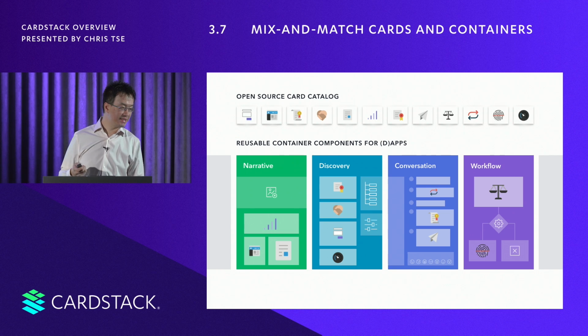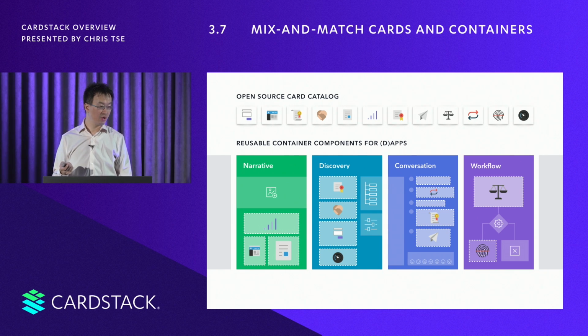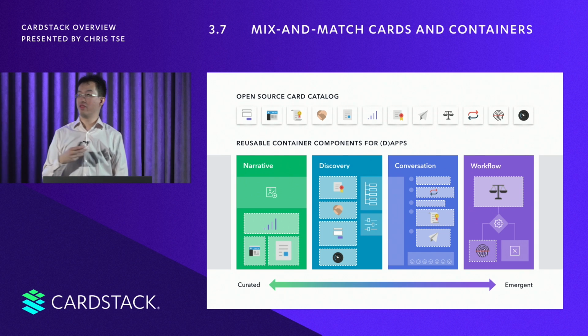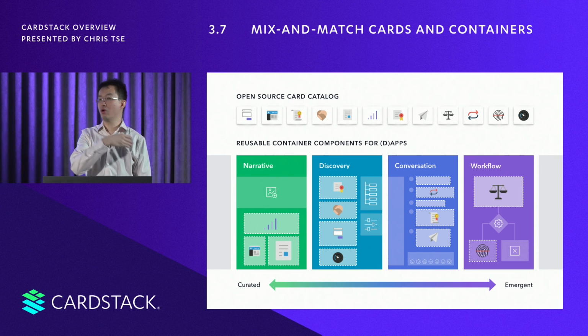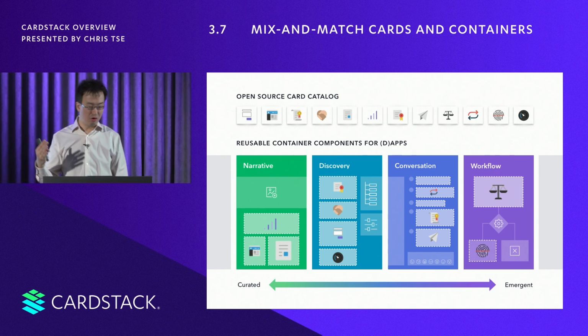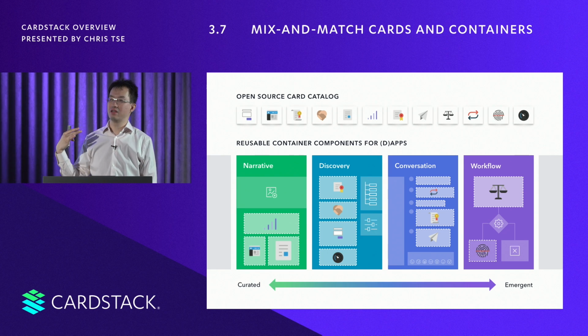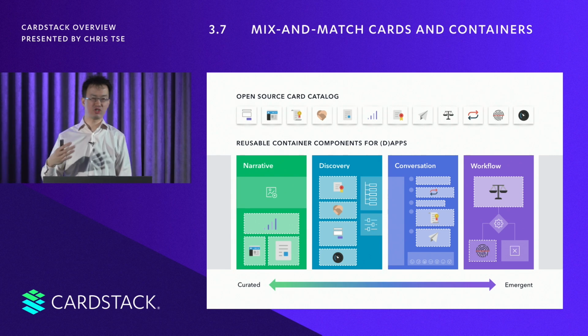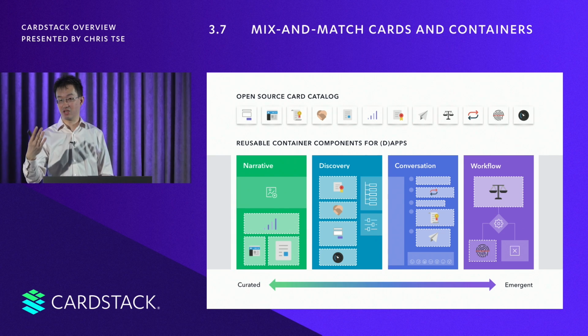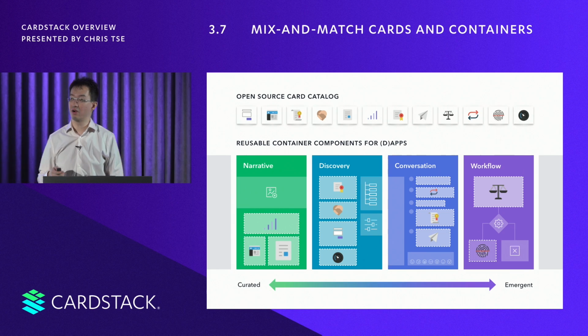And so this idea of being able to create all of these tools without really worrying about whether they're curated by a person or emergent behavior, these are all things that with this card and container system, you can mix and match and create apps or dApps, decentralized apps, in a way faster way.